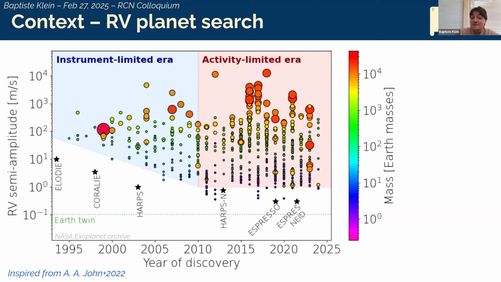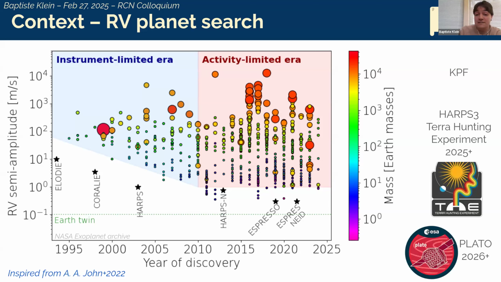What you see is that until maybe 2010, we were able to detect less and less massive planets, which reflects the fact that instruments were becoming more and more precise. And now that we have reached the 30 to 50 centimeter per second precision, we're definitely limited by stellar signals and in particular by stellar activity.